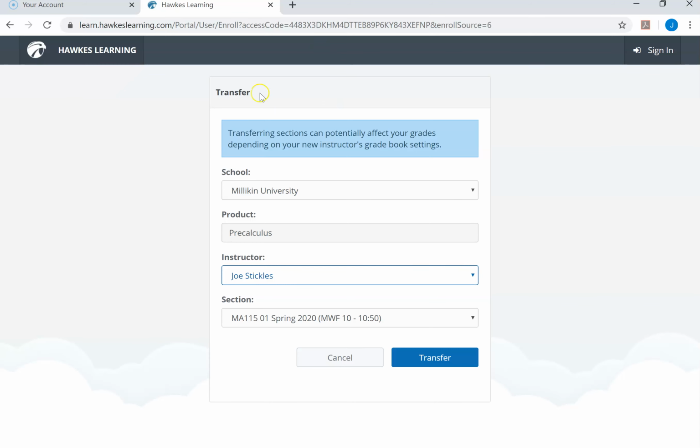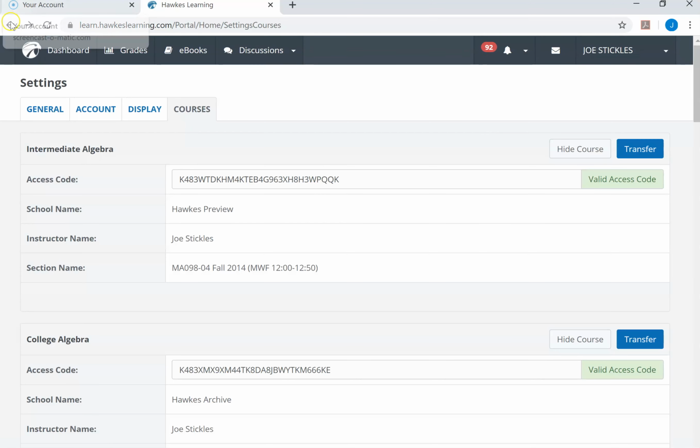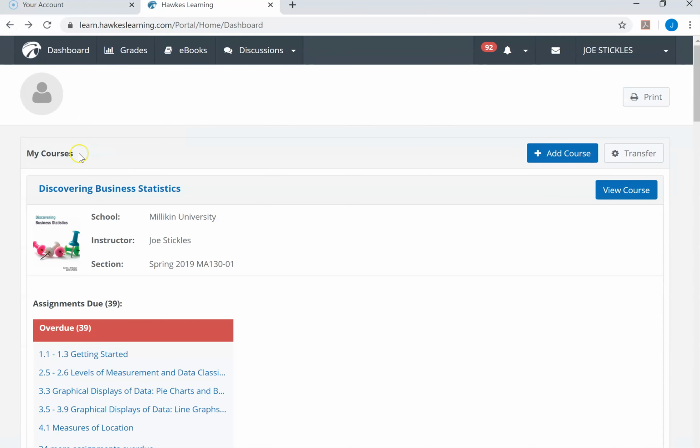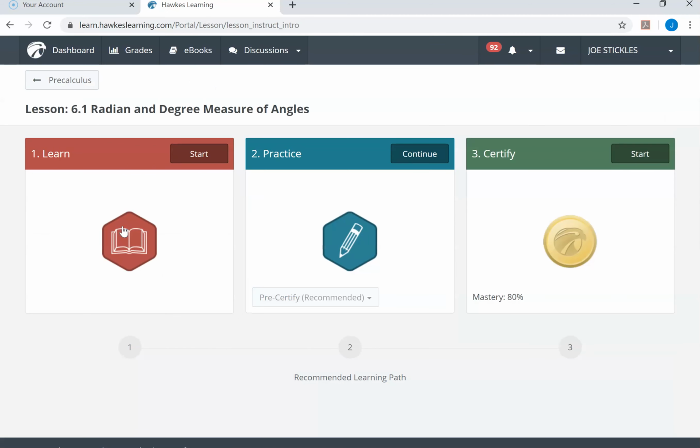So let's talk a little bit, just to show you what the interface looks like in case you haven't seen it before. I know many of you have, so not too worried about that part. You'll notice that under the pre-calculus, it shows when things are due within a week or due later. Notice that it already says your first assignment is due within a week.